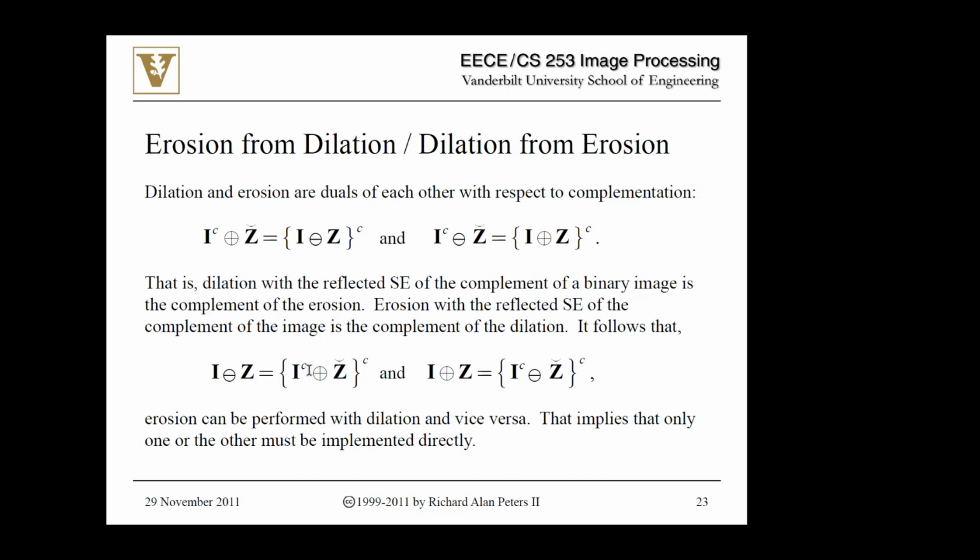The complement of the complement is the same, and the reflection of the reflection is the same. So these are kind of De Morgan's laws, but now with dilations and erosions. It is no surprise that De Morgan's laws appear somehow, because this is a theory that is based on sets. De Morgan's law is something that comes from sets.